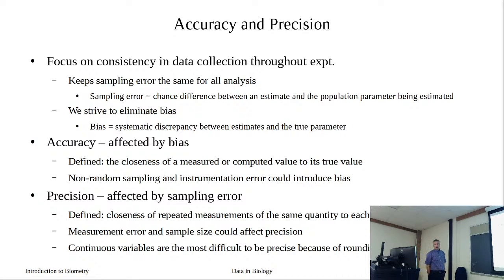All right. Non-random sampling and instrument error could introduce bias. We talked about instrument error. We didn't talk about non-random sampling. How does that introduce bias? Well, let's say we asked students on campus for their favorite class? Or let's say, what is their major? We should get a random sample. So whatever our random sample is, we have the same frequency in our sample as across the campus.